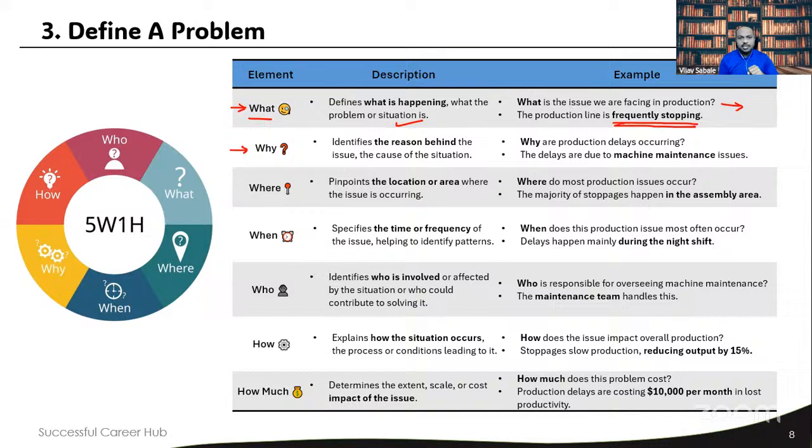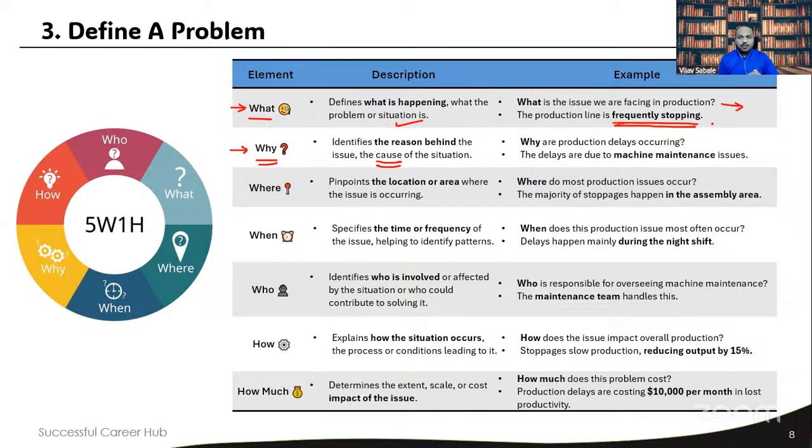Now the second question that we need to ask is why. It identifies the reason behind the issue, the cause of the situation. This cause is not a root cause; this is just a primary cause that is helping us reach the root cause. For example, why are production delays occurring?